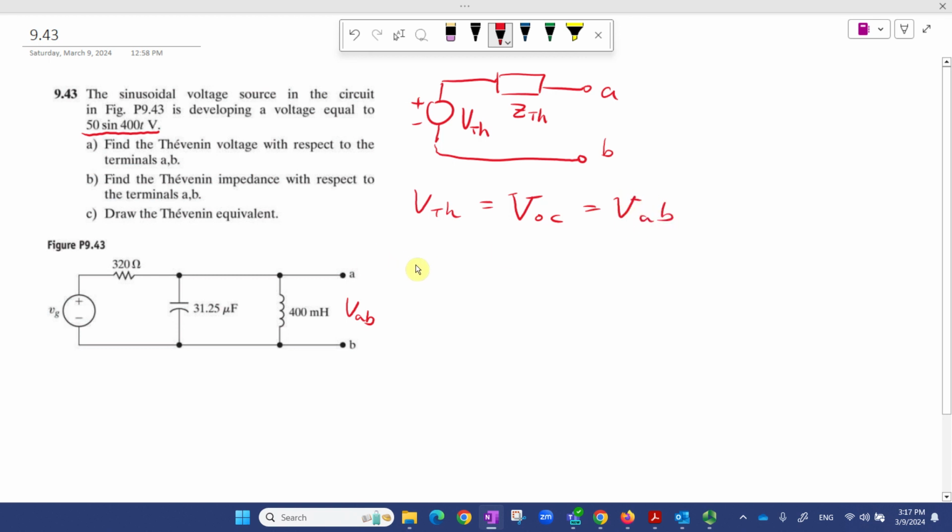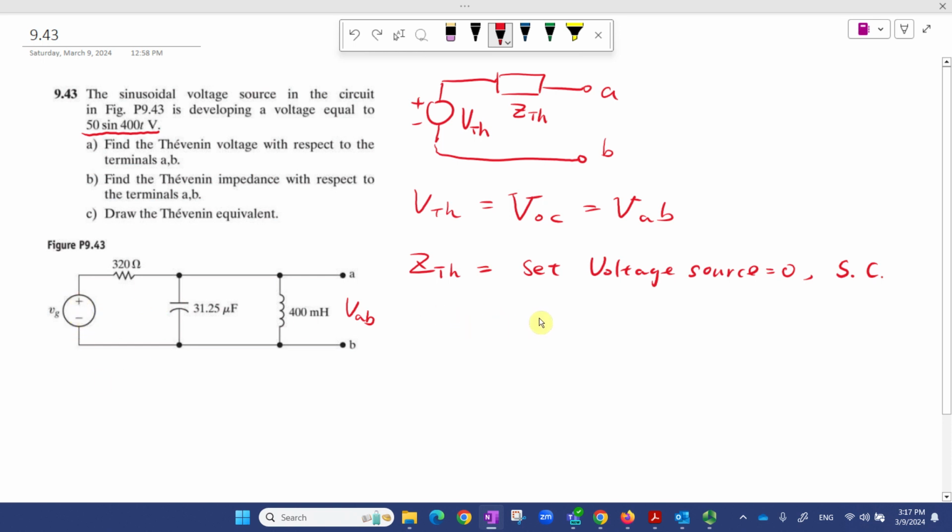So the Thevenin impedance, ZTH, we can find by setting the voltage source to 0. That's equivalent to a short circuit, so we're going to short circuit this one to get that.